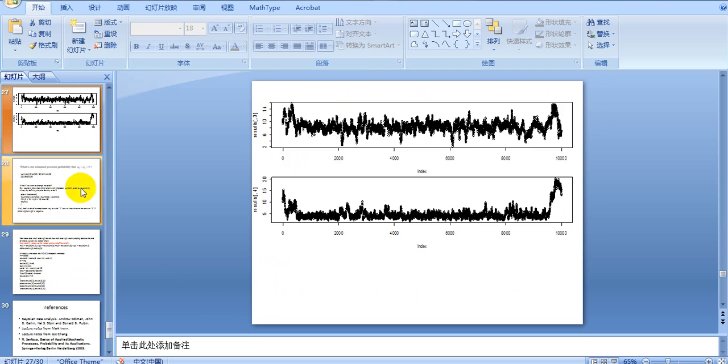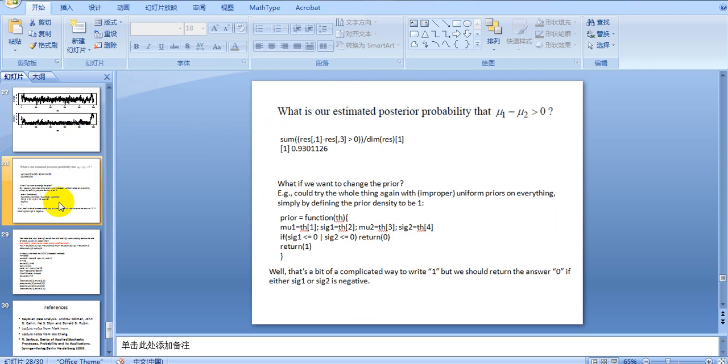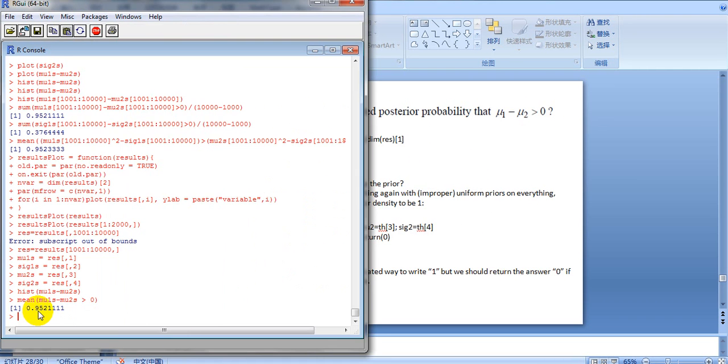Well, because the Markov chain is random, every time you run your code, you will get a different result, but very similar because of the randomness in it. What is our estimated posterior probability that mu1 minus mu2 is bigger than 0? In this run, the probability is 0.93, but in our run, it's 0.95.